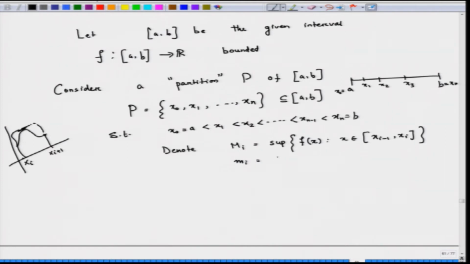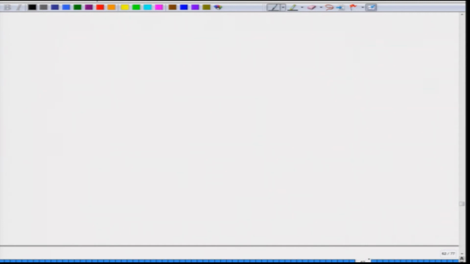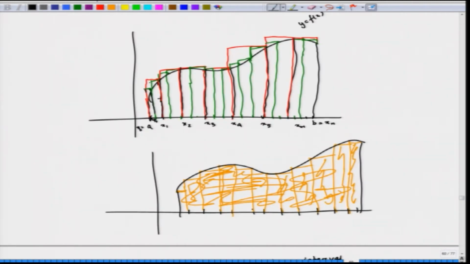So that is the infimum of f. Now what we are doing is taking the area of each rectangle, which is M i times the length of the rectangle, that is x i minus x i minus 1, and then we take the sum of these rectangles.